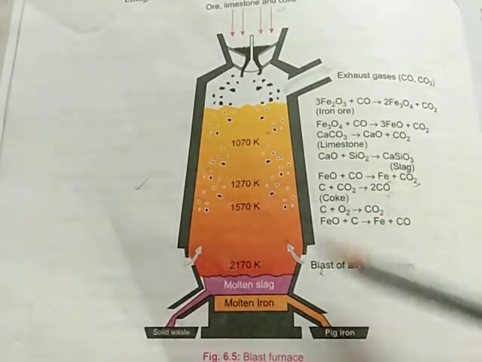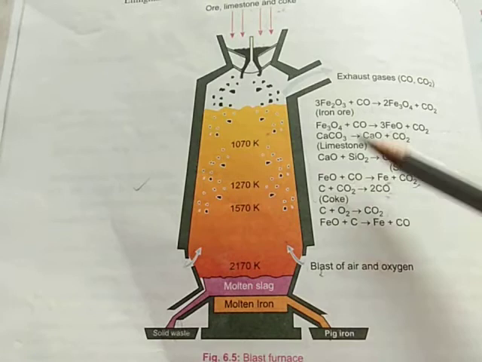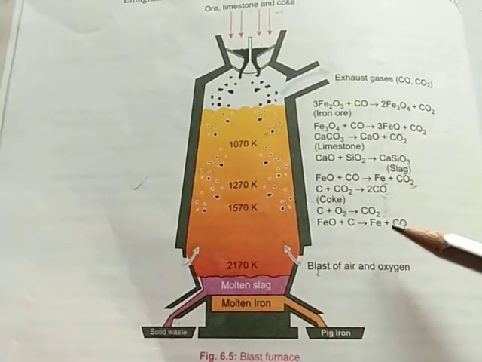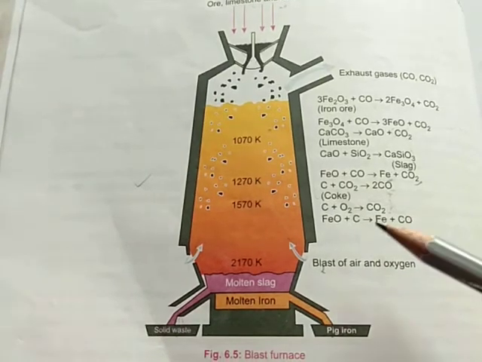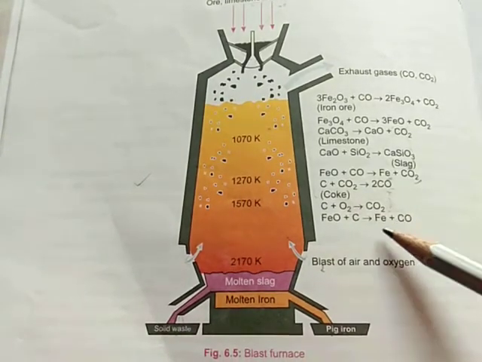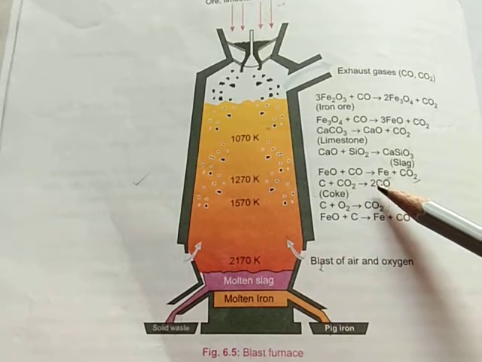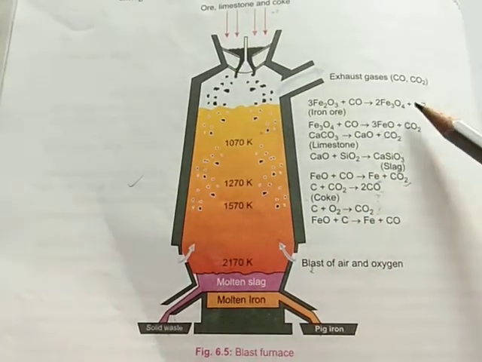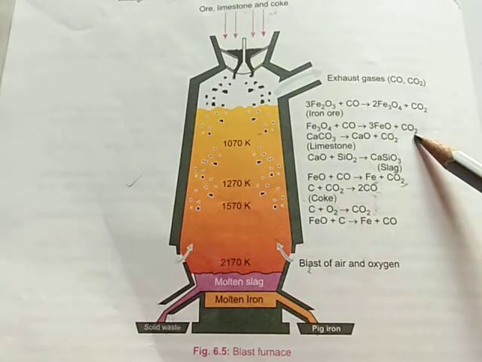In this furnace only 4 zones are present and these reactions take place. First, combustion zone. Second zone is fusion zone. Third zone is slag formation zone, and fourth zone is reduction zone.